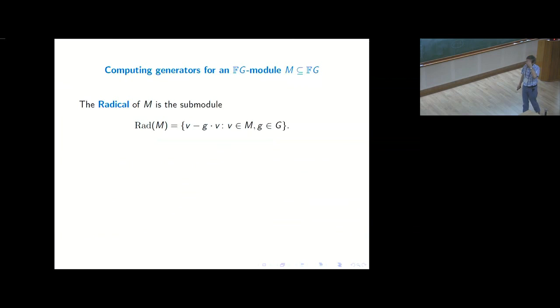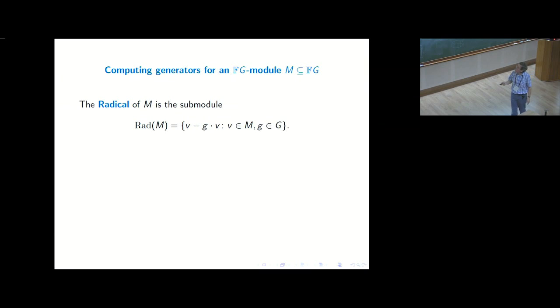So then the radical: if you have a module, a submodule of FG, actually if you have a sum of a free module, so let's say it's FG to the n. So I suppose I've got a direct sum of several copies of the group algebra. Let's take a module lying in that, is what I meant to say.